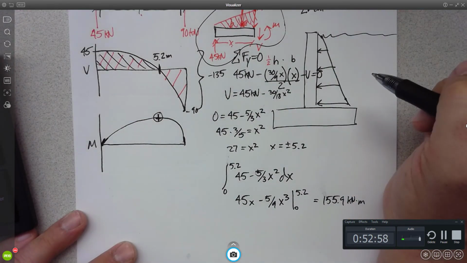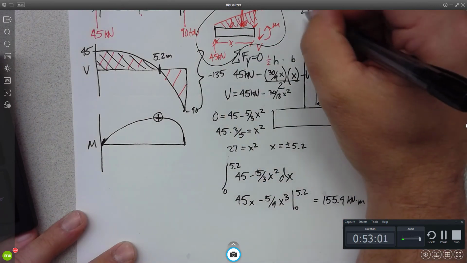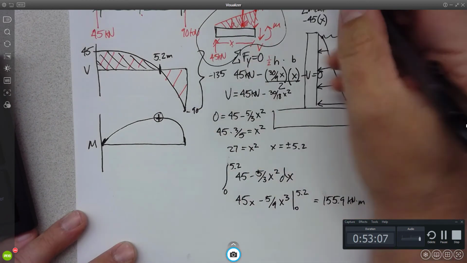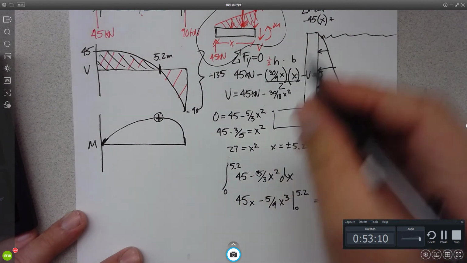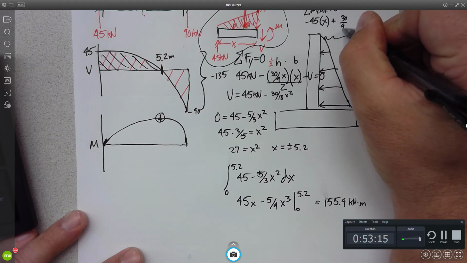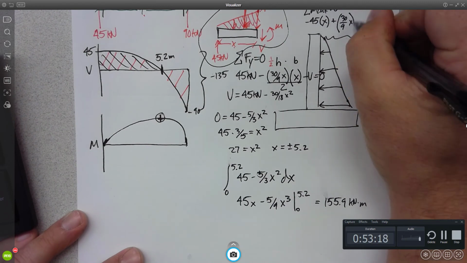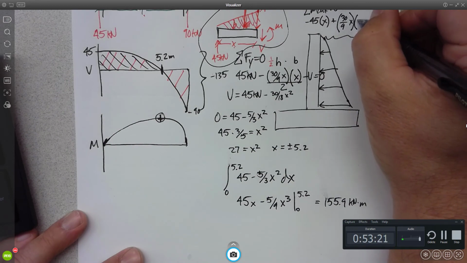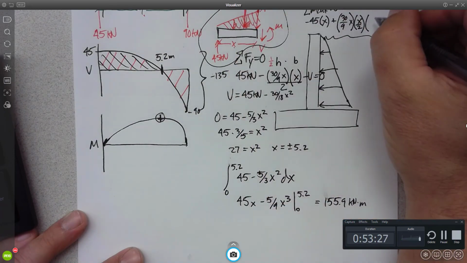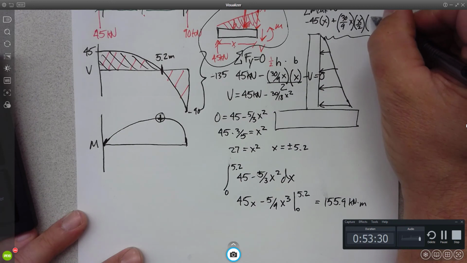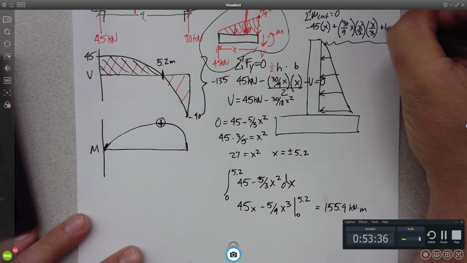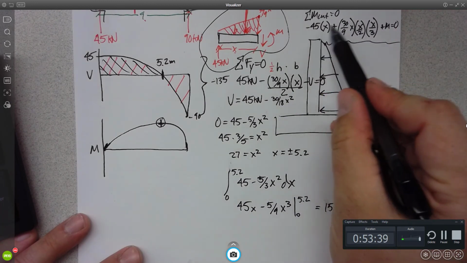So I'm going to have negative 45 times x, plus 30 over 9x times x divided by 2, that's finding the magnitude of this, times x over 3, plus M equals 0.